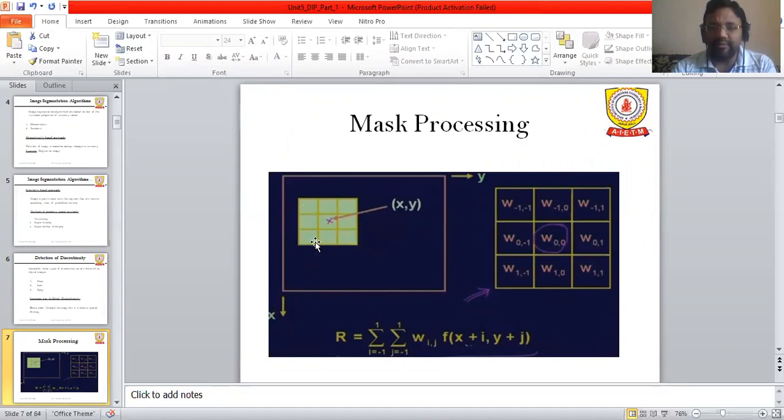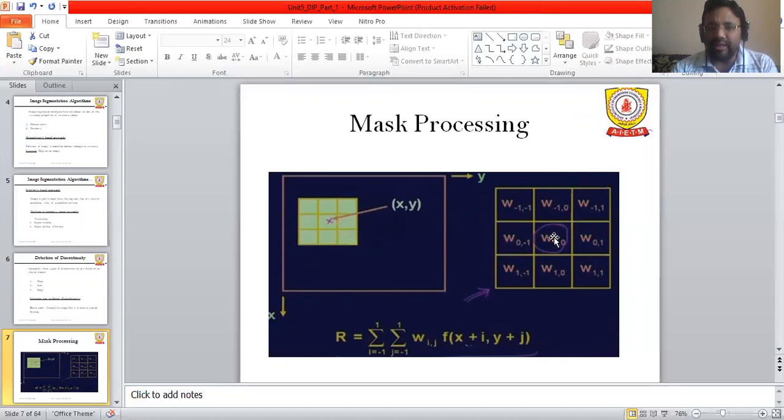We take a sub-image in this, and this is the mask. The mask is of 3 by 3 dimension and its index starts from -1, -1, -1, 0, -1, 1 and so on till 1, 1. The center is where the index is 0, 0, and we take this pixel at position x, y in the sub-image.